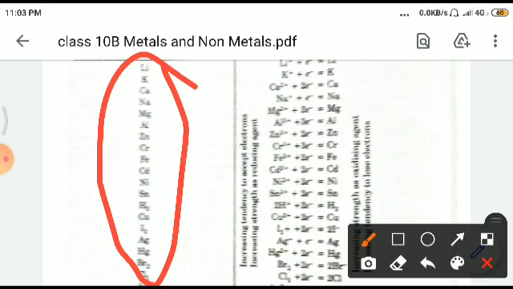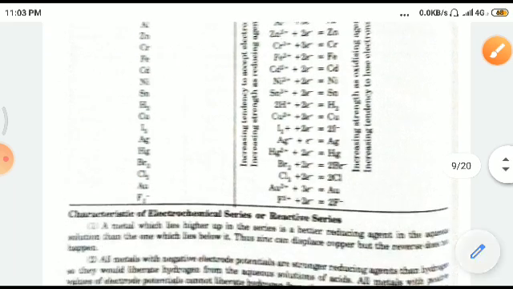Lithium, potassium, calcium, sodium, magnesium, aluminium, zinc, chromium, iron, then cobalt, nickel, tin, and so forth.